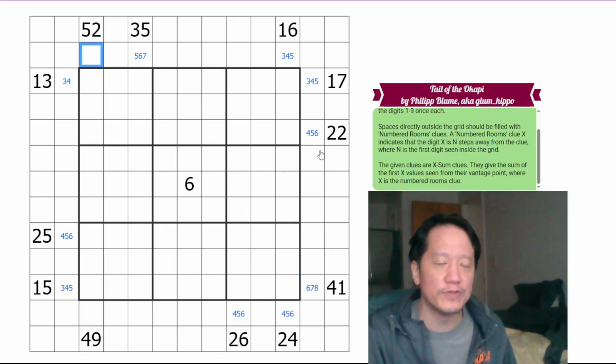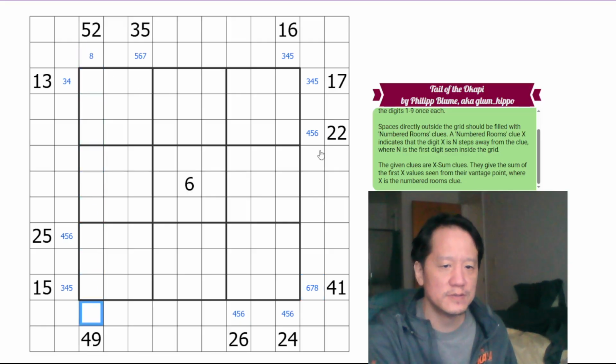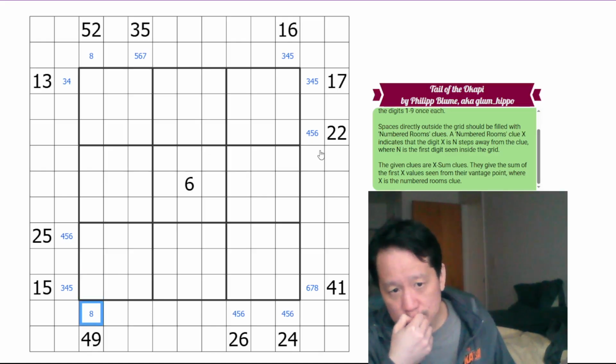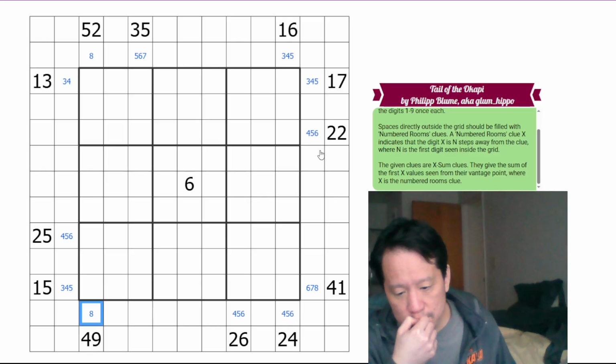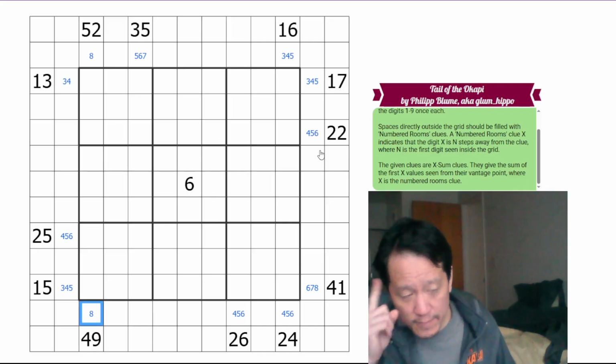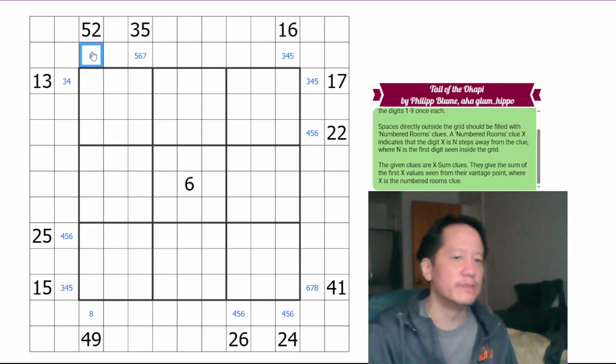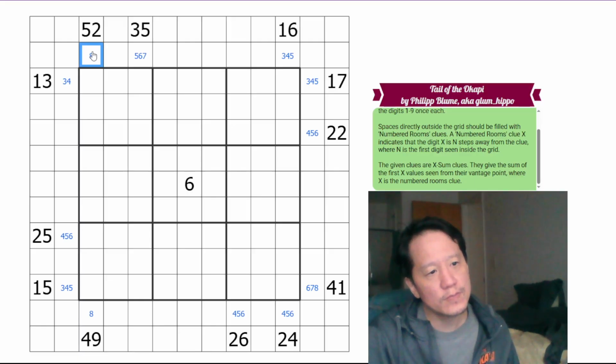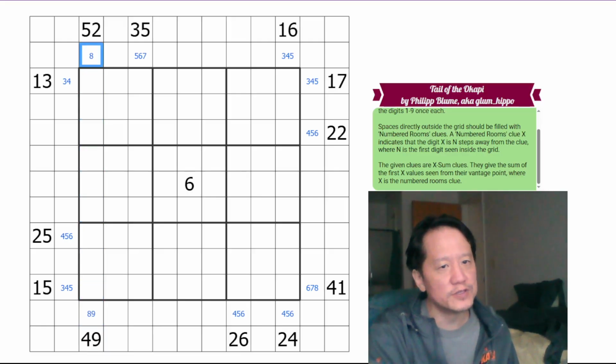So anything with up to 52 can have 8. But to have the minimum, what's the minimum? Minimum is 1 through 8, so it's 36. And then 9, minimum would be 45. So this could be 8 or 9.